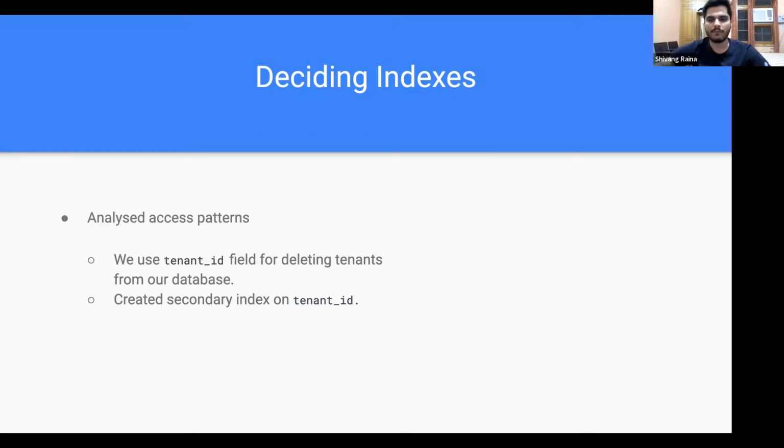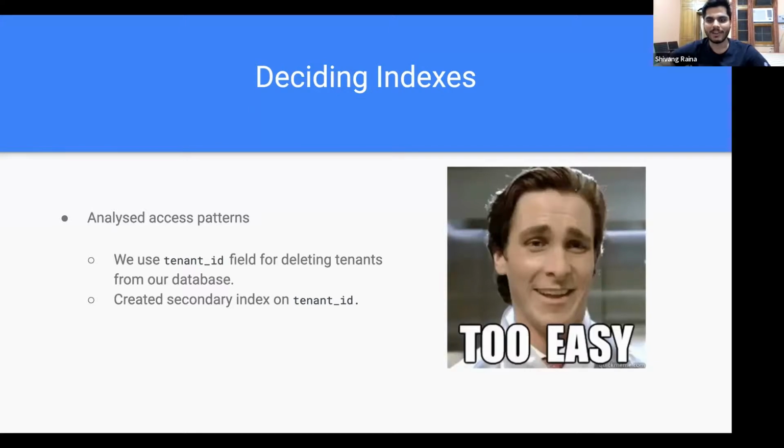We have one table in our database where we fetch the details about tenants using a tenant ID, so we also needed this ID for deleting tenants. We went ahead and created a secondary index on tenant ID. So yeah, this seemed too easy for us at that time.